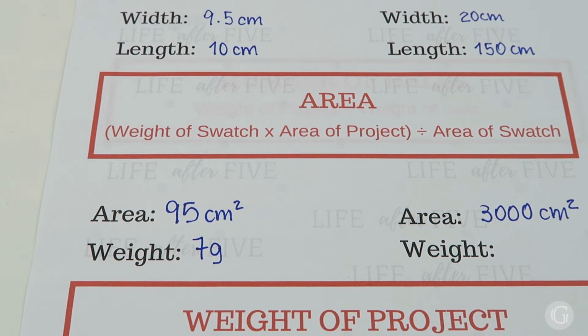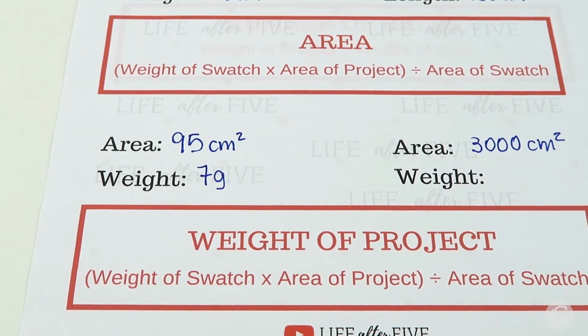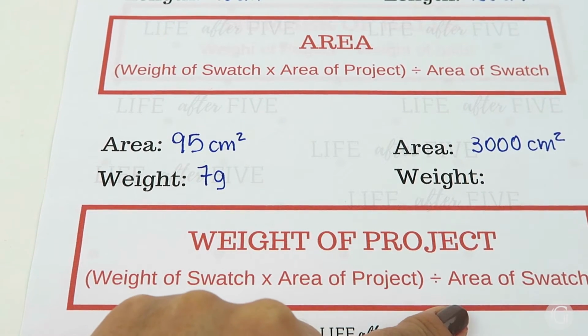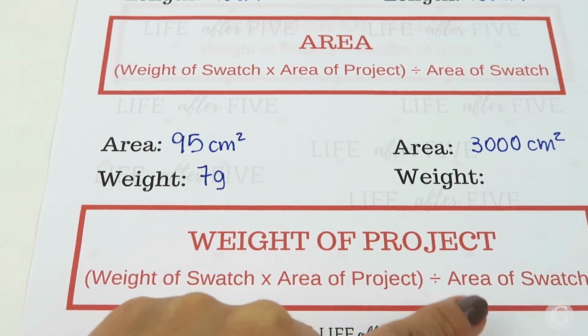And the next thing we are going to do is to calculate the weight of our project. Okay? To calculate the weight of our project, we need to multiply the weight of the swatch times the area of the project divided over the area of the swatch.